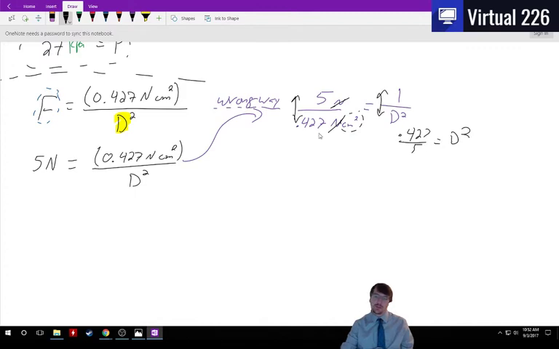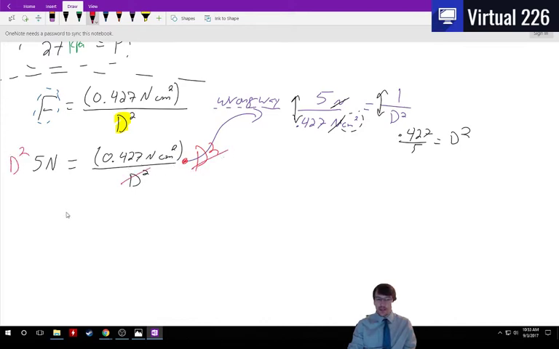We could either see that we messed it up and needed to flip, or coming back down to here, we could just do it the more logical way. I need to get this d squared out of the denominator, so I'm going to multiply each side by d squared.